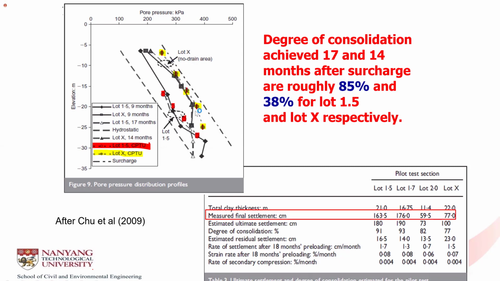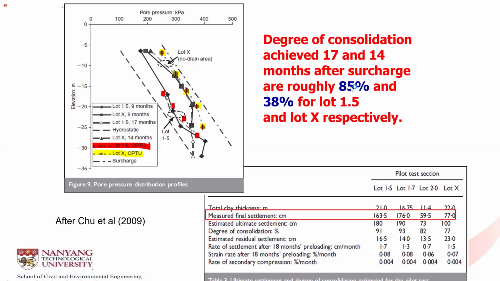If we use the yellow points, we get a degree of consolidation of 38%, rather than 77%. However, if we use the pore pressure distribution in red, for a PVD spacing of 1.5 meters, we get a degree of consolidation of 85%.